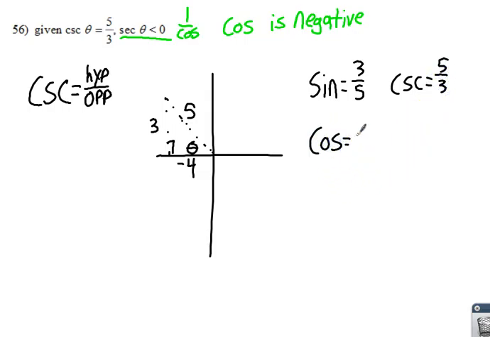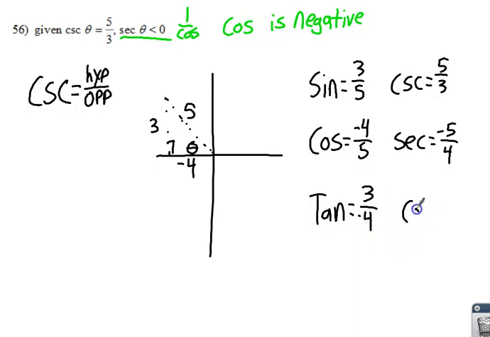Cosine is adjacent over hypotenuse, with the secant being the flipped version of that. Again, I'm putting the negative up top because it looks nicer. Tangent, opposite over adjacent. That's 3 over negative 4. And cotangent is negative 4 over 3. Oh, happy days. Go henceforth and do.